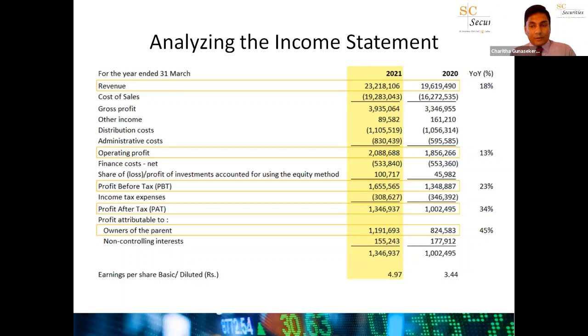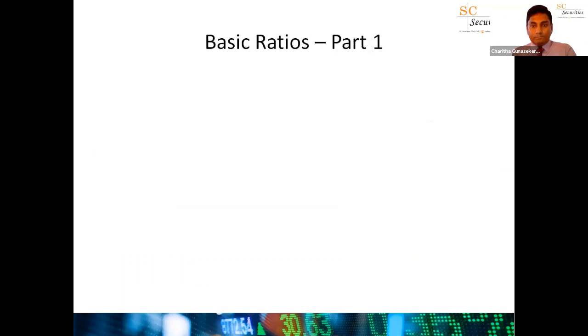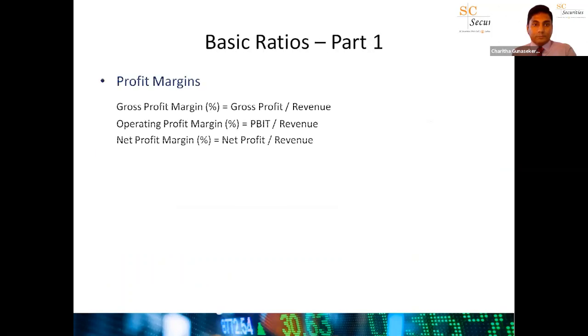Okay, now let's look at some of the ratios that you would be calculating using the income statement. Using the income statement, you should calculate the profit margins of the company. What do you mean by a profit margin? Now, you saw in the previous format of the income statement, we calculated several profit lines.